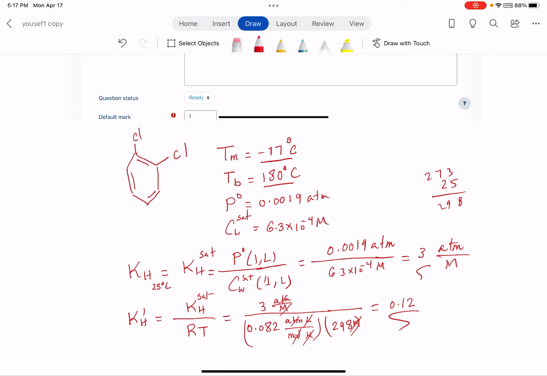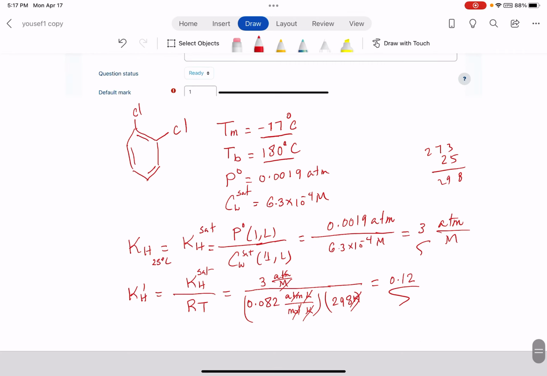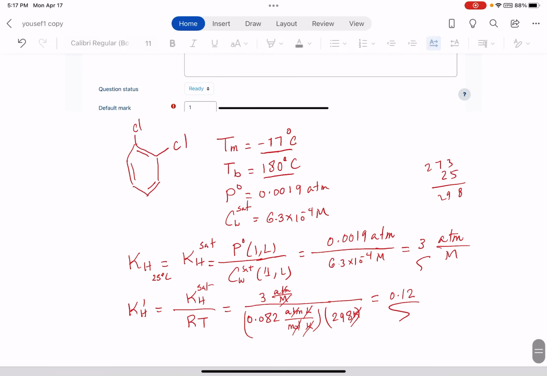So we found Kh and we found Kh prime, or dimensionless, for 1,2-dichlorobenzene. That's not it. Since we have everything at 25, at room temperature, he also wants cold conditions at 5 Celsius. Okay, let me just go down.